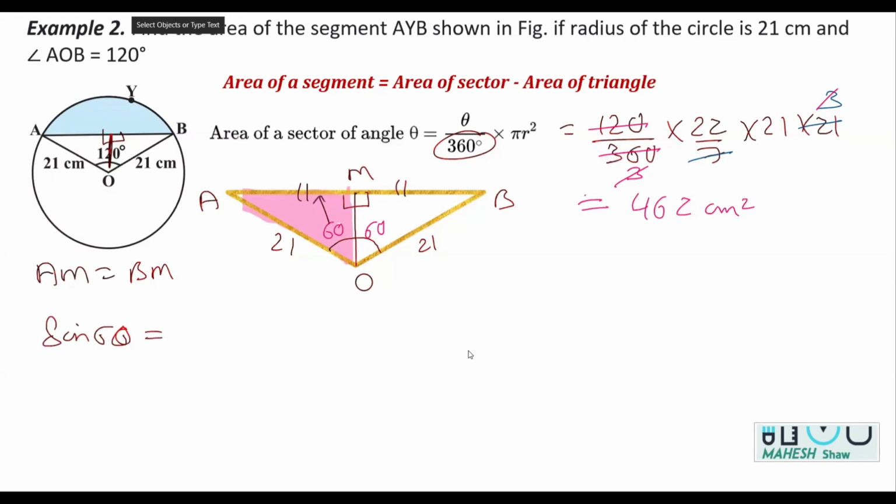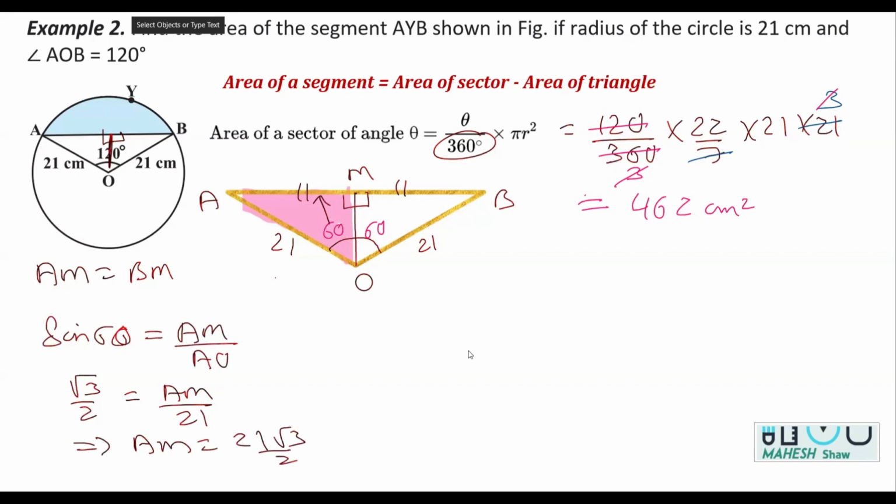The side opposite to this angle is the perpendicular, which is AM. Hypotenuse is AO. Sine 60 is root 3 by 2, and AO is 21. So by cross multiplication, the length of AM is going to be 21 root 3 by 2.